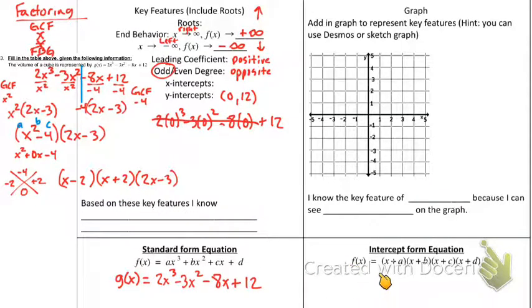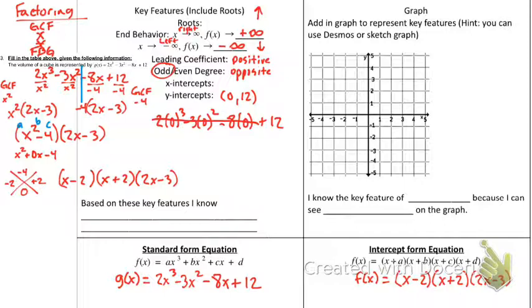So I'm going to write that down here. f of x equals x minus 2, x plus 2, and then 2x minus 3. So that is intercept form.